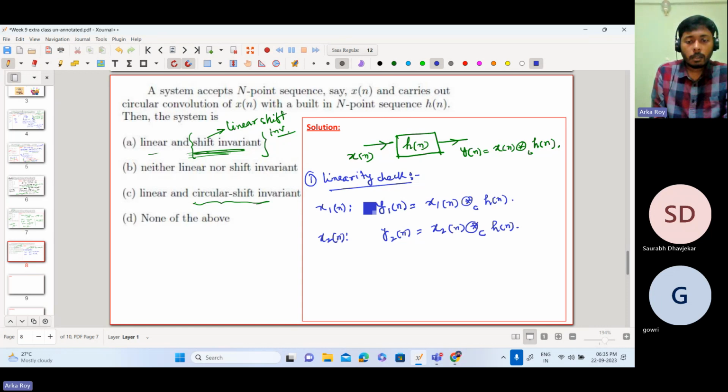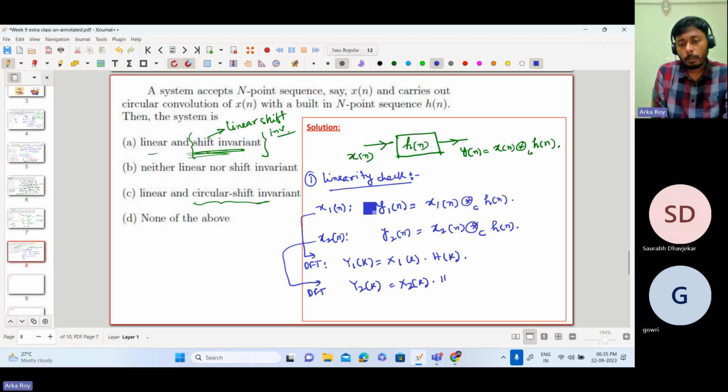Now if I take the DFT representation of both these outputs, it will be Y1[k] equals X1[k] multiplied with H[k], and Y2[k] equals X2[k] multiplied with H[k].